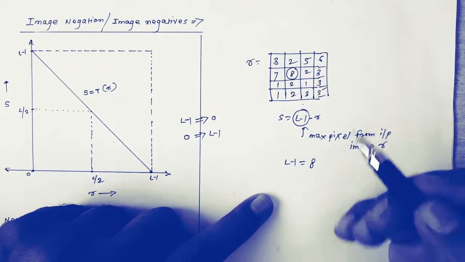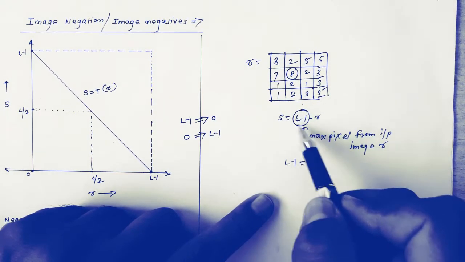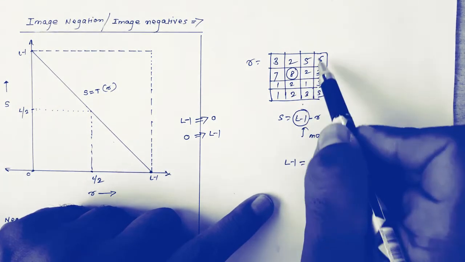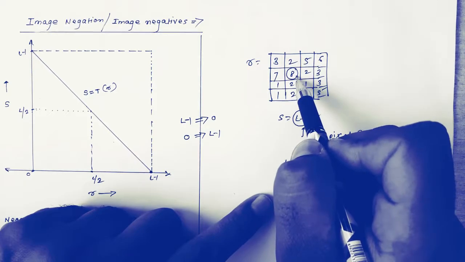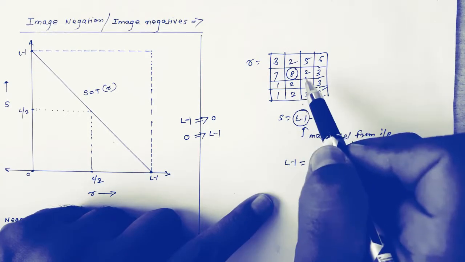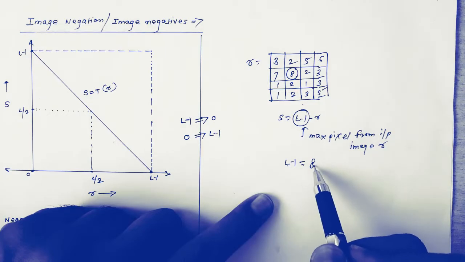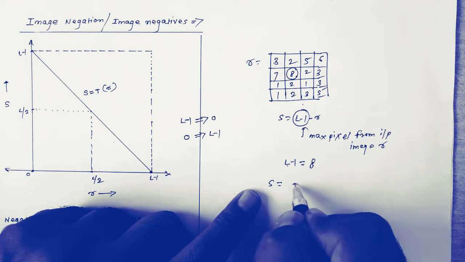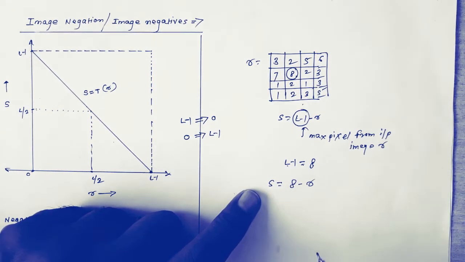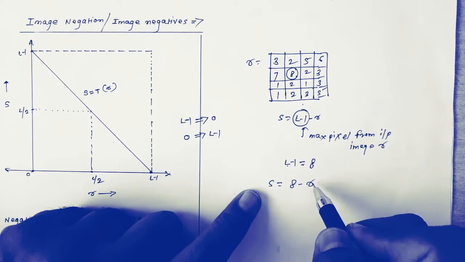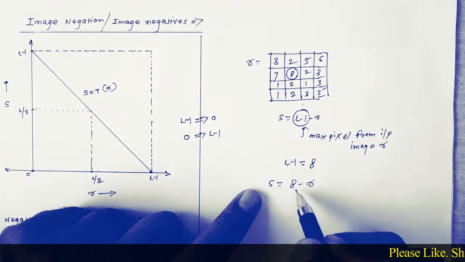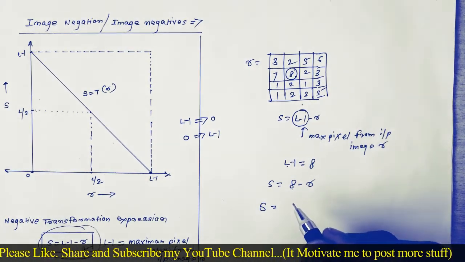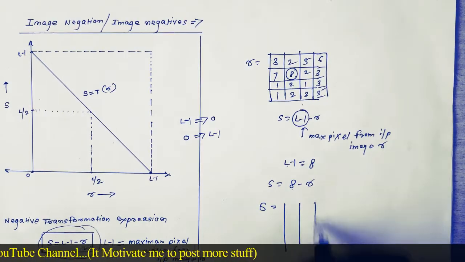I would like to repeat it once again: the value of L minus 1 is the maximum pixel value present in input image R. In this image 8 is the maximum pixel value, so I am taking L minus 1 equal to 8. So S is equal to 8 minus R, means you have to subtract each and every pixel of input image R from the value 8. My output image S is once again a 4 by 4 image.